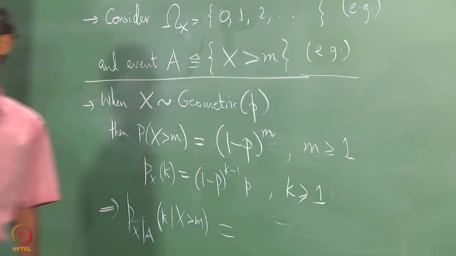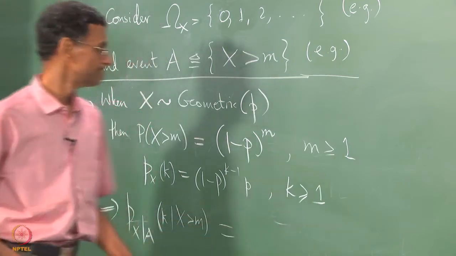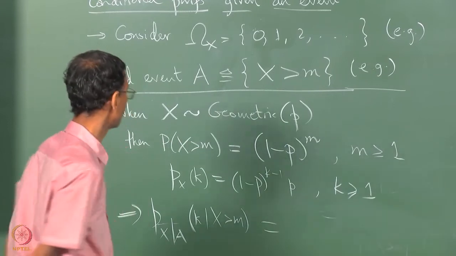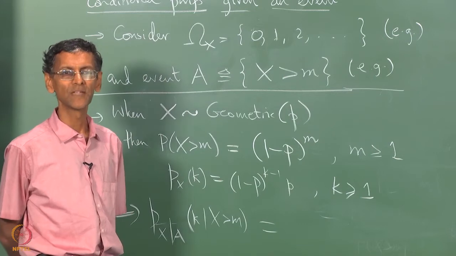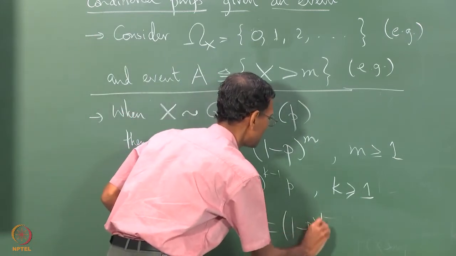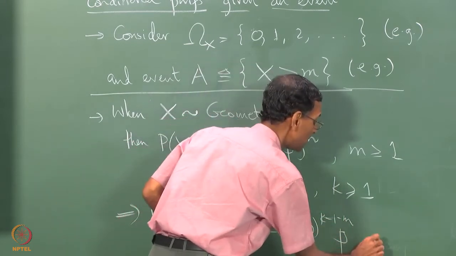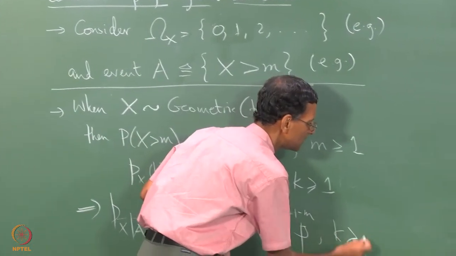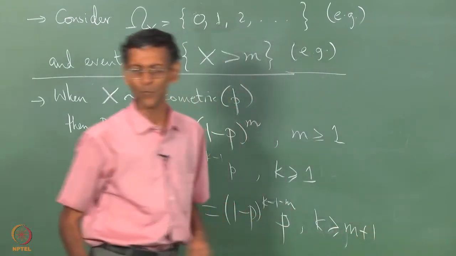Please do it. What do you get? 1 minus p to the k minus 1 minus m times p. For what values of k? k has to be greater than m, or greater than or equal to m plus 1, whichever way you want to say it.